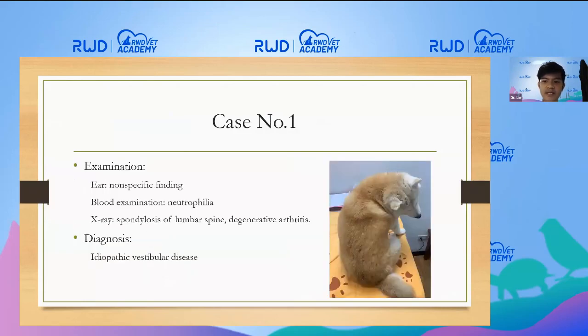I did some basic examinations first. I checked the ears, but no specific finding. Blood exam shows neutrophilia, and X-ray only shows spondylosis of the lumbar spine and degenerative arthritis. So, in my opinion, it is supposed to be idiopathic vestibular disease.